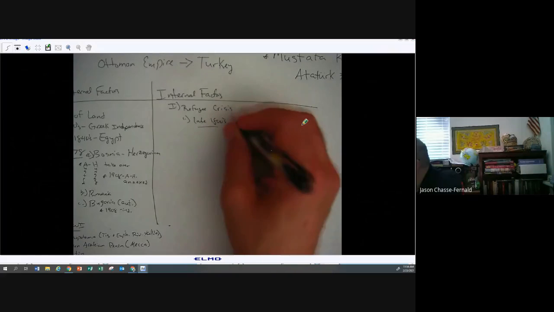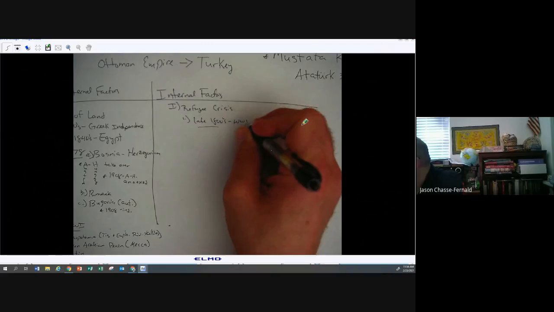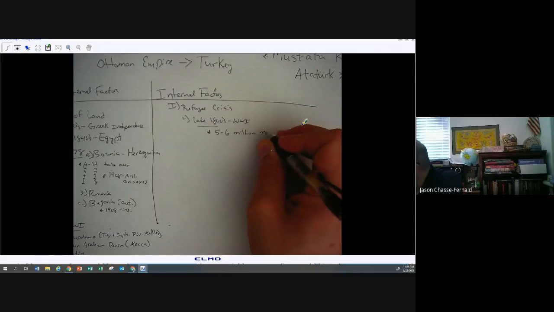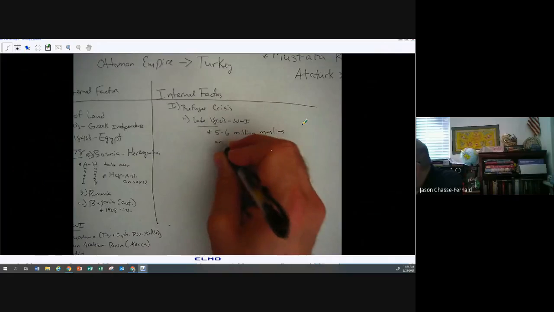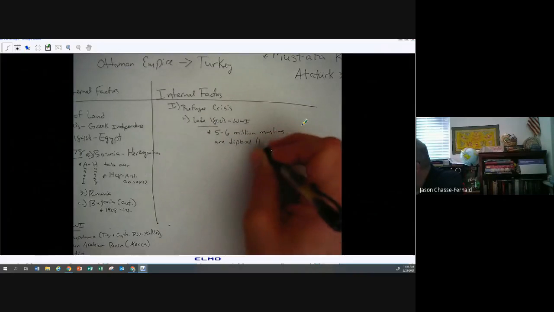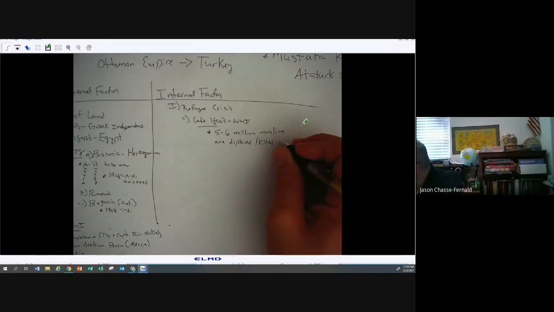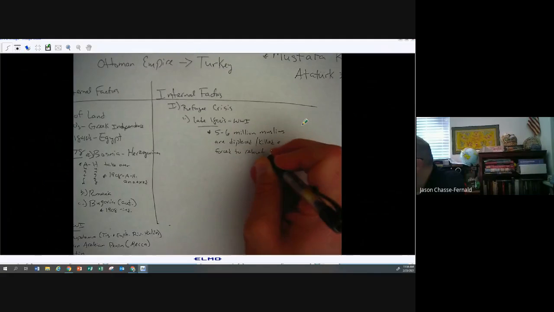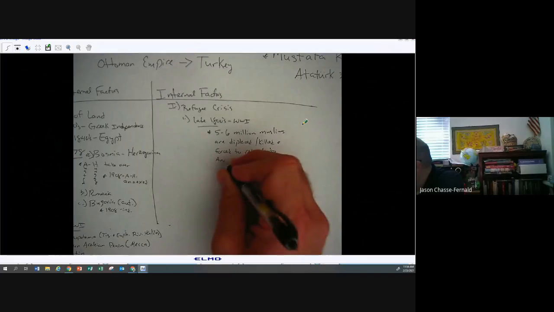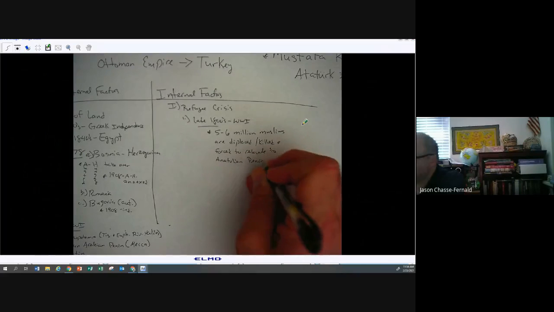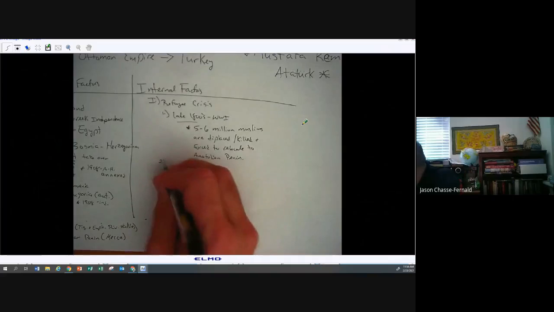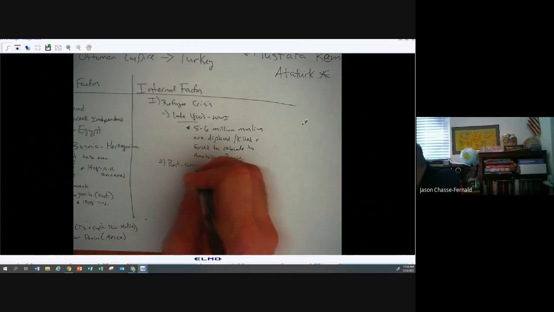And in the late 1800s through, let's just say, World War I, somewhere in the neighborhood of 5 to 6 million Muslims are displaced, killed, right, and forced to relocate to the Anatolian Peninsula, right, where modern day Turkey is.